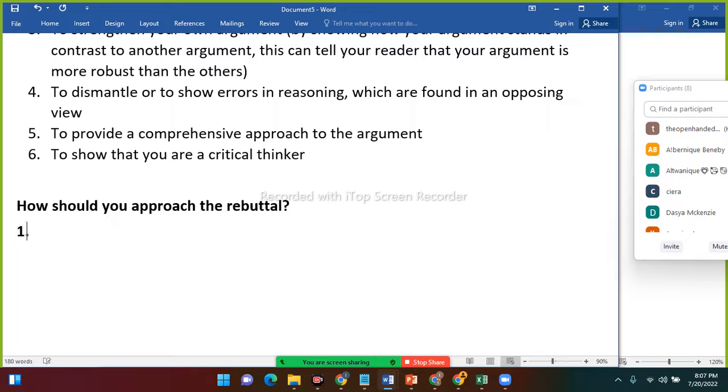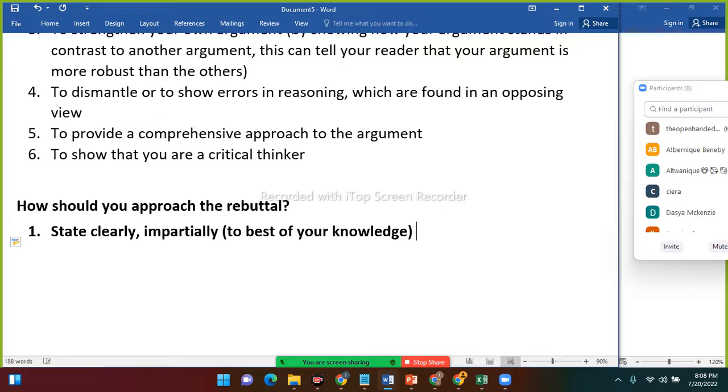So the first thing you want to do when you are doing a rebuttal is that you want to state clearly and impartially, to the best of your knowledge, the opponent's view.